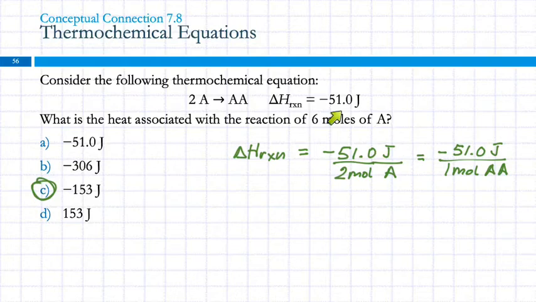If this was 50, 3 50s, 50 and 50 is 100, and another 50 is 150. Because we're doing 6 moles of this, 3 times as much as indicated. So it's negative 153 joules. This was negative. Any questions?